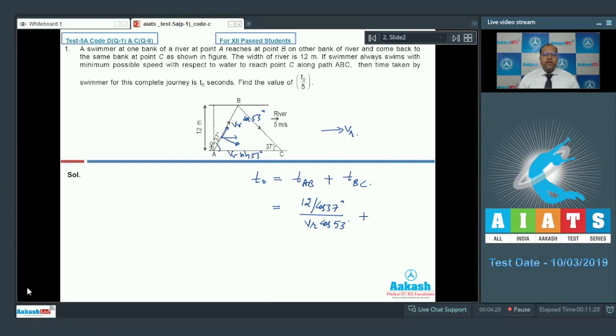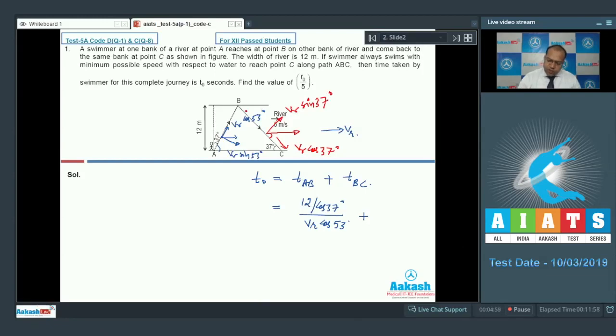In the same way, we can write the time taken by the swimmer along the path BC. In order to calculate this, the velocity of the river in this direction is VR and this angle is 37 degree. So the component of velocity of the river in this direction is VR cos 37 degree and the component in this direction is VR sin 37 degree.